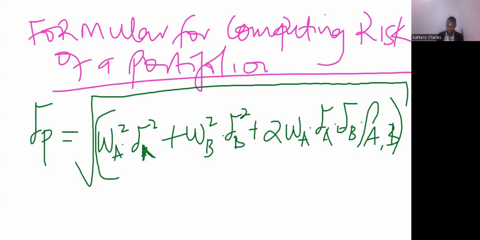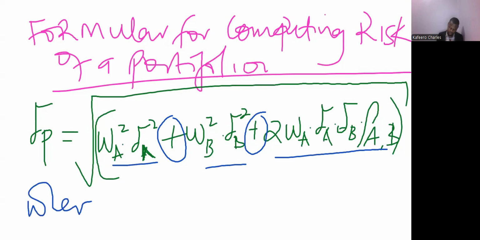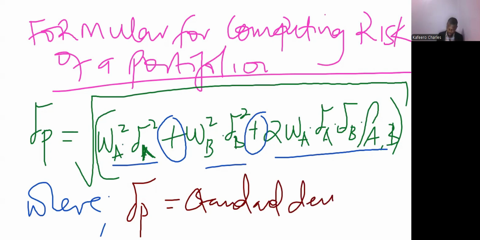So that's the formula that we use. Now we need to define all these. Here we are adding, even here we are adding, and the whole of that we multiply. Of course, we know that this represents the standard deviation of a portfolio.